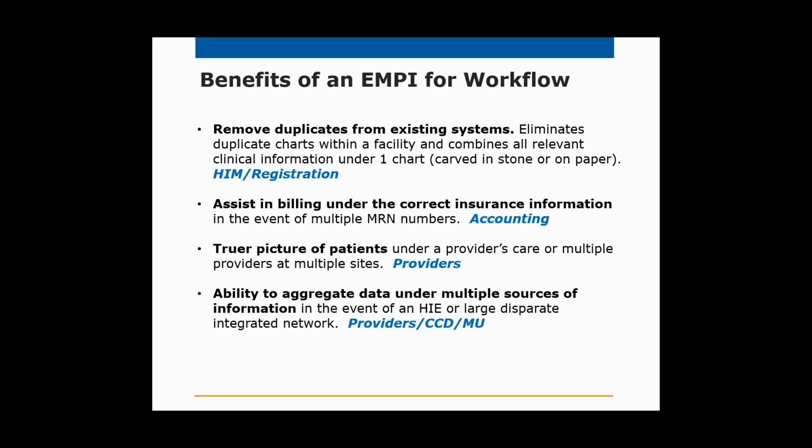It also gives you the ability to aggregate data under multiple sources, so that for providers, CCDs, meaningful use, in the event of an HIE or a large network, think of having all of that detail to pull in, and think of meaningful use when you're putting in your numerator and your denominator. When you have 2 in the denominator instead of 1, it's going to make your percentage lower.